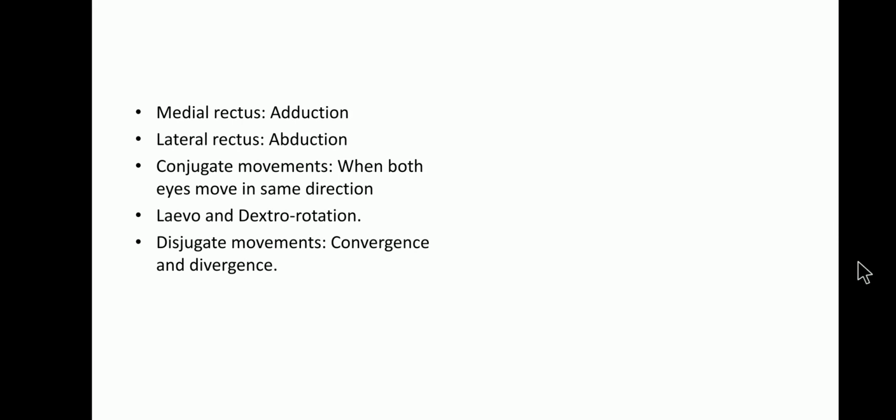Next to conjugate movements, you have disjugate movements: convergence and divergence. Convergence and divergence are when both the eyes move around a vertical axis. Here you can see convergence, both eyes moving medially, whereas divergence is when they move away from each other.